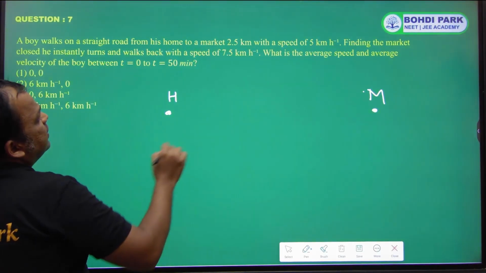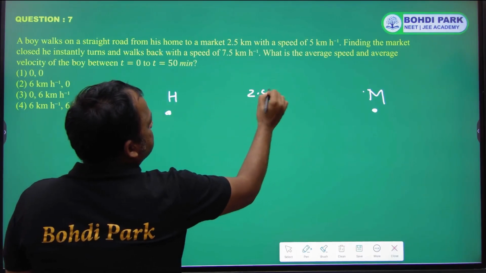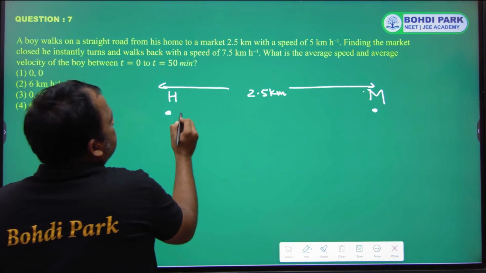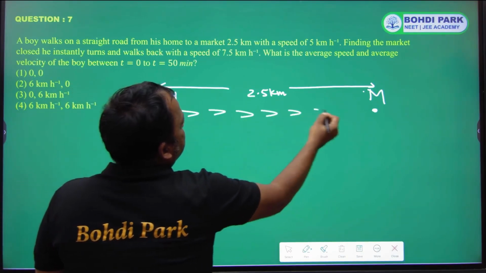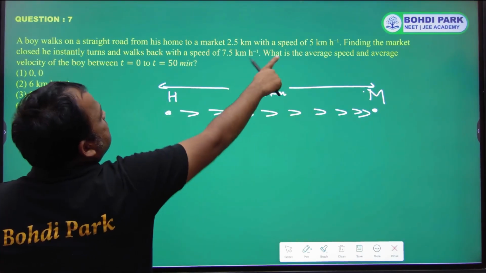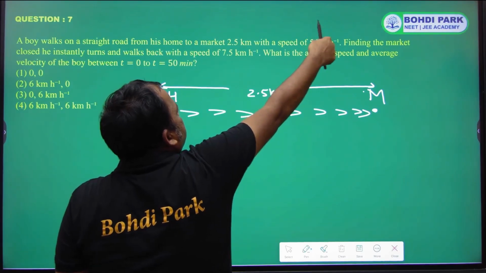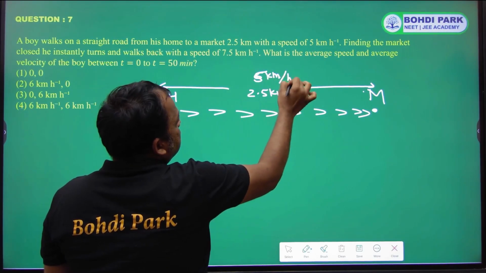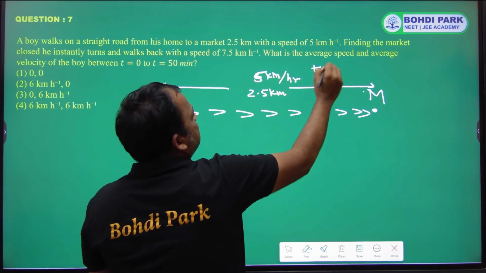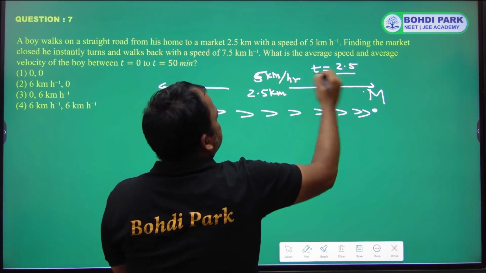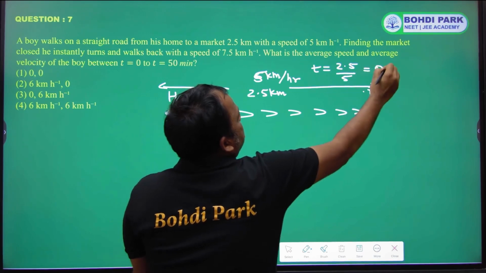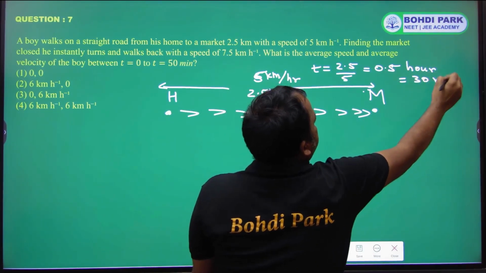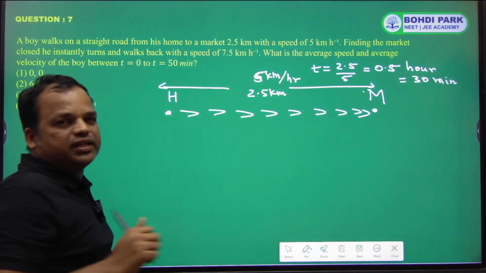Now home to market is 2.5 kilometer. So when it is going home to market, it is going with 5 kilometer per hour. So time taken we can calculate. Time is equal to distance by speed. So 0.5 hour. So that is 30 minutes.